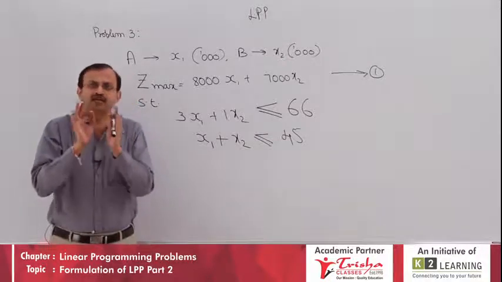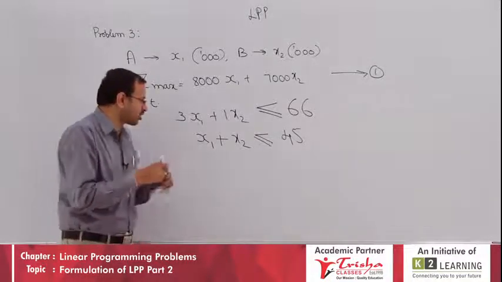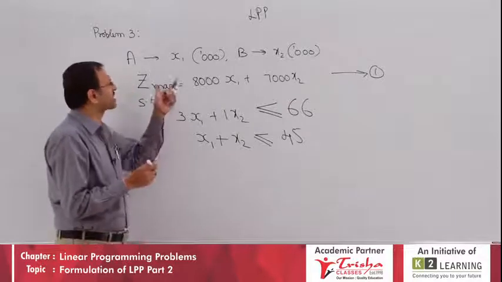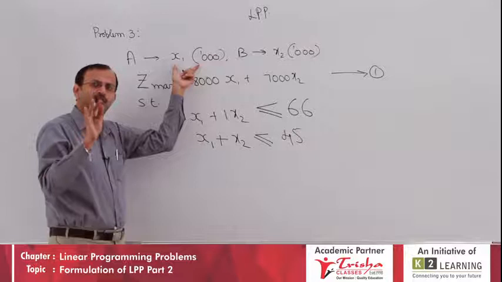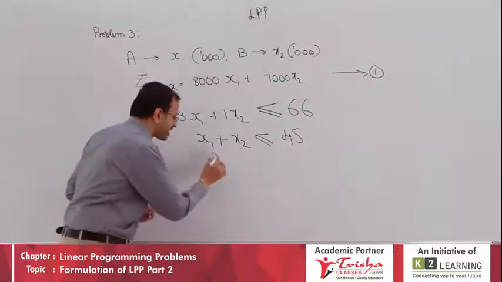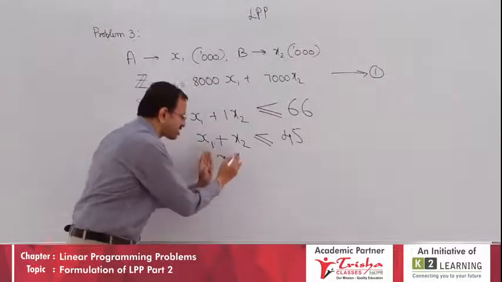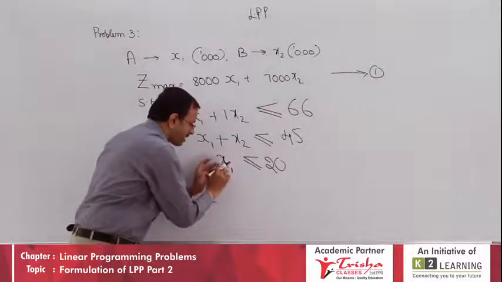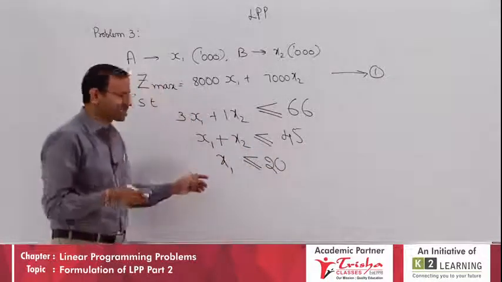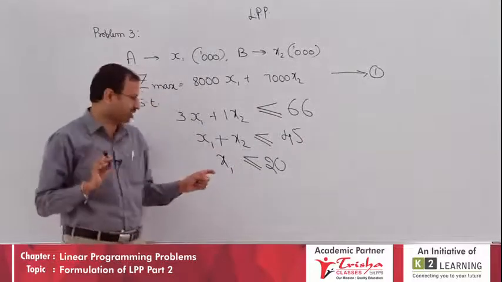For A, it is only 20,000. It is all about product A, which is x1. This can be up to 20,000 bottles. Therefore, I can write x1, in thousands of bottles, maximum can be 20. This number cannot be more than 20 because the ingredients are only for 20,000 bottles.